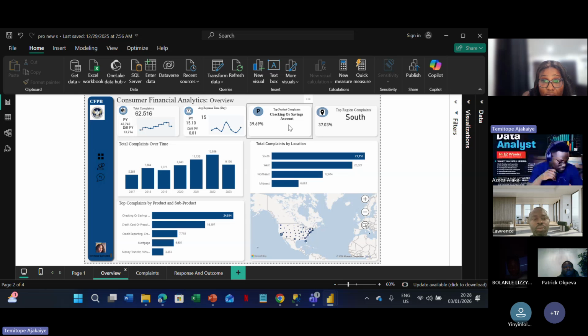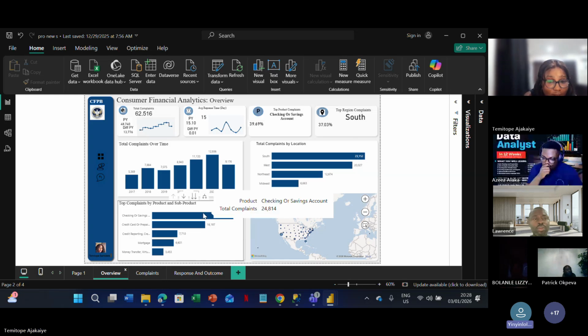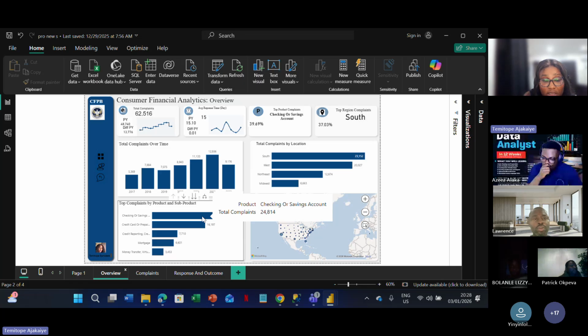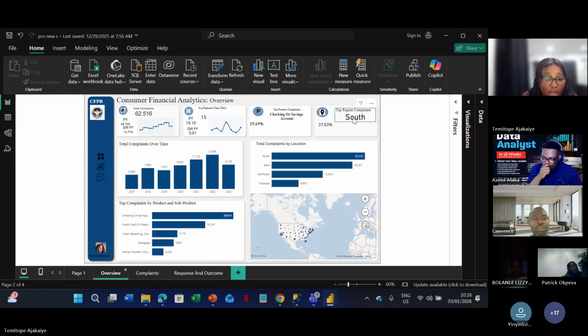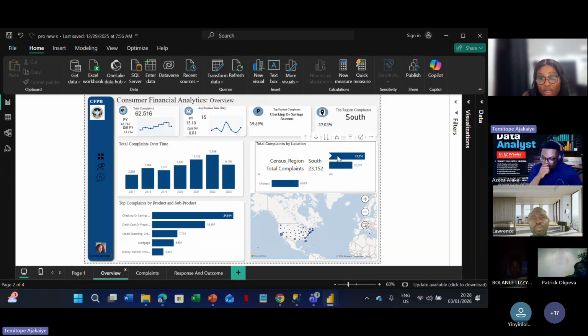And if we look at the top product complaints here, checking and savings accounts have almost 40% of the complaints, which shows that they are the most problematic products. And regionally, South leads with about 37% of total complaints, which immediately flags it as the hotspot for consumer complaints.